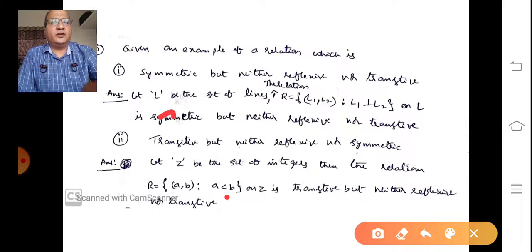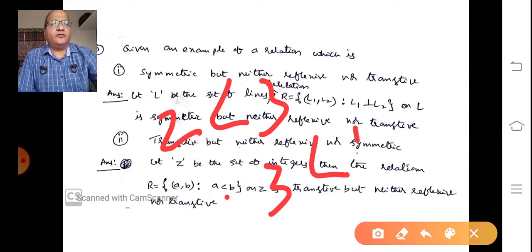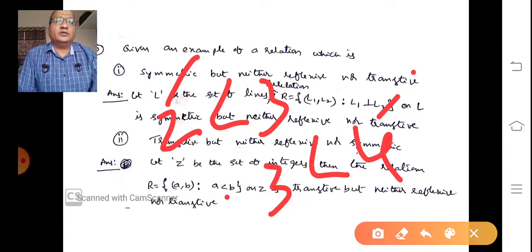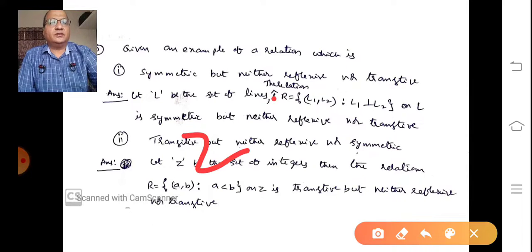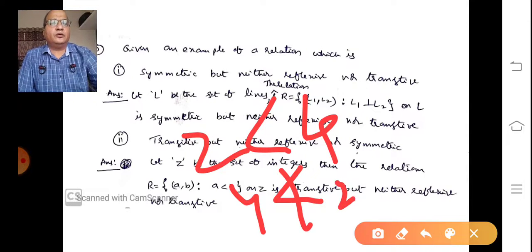Take the set of integers. 2 is less than 3 and 3 is less than 4, then 2 is less than 4. So it is transitive, but it is not symmetric. For example, 2 is less than 4, but 4 is not less than 2, which means it is not symmetric.